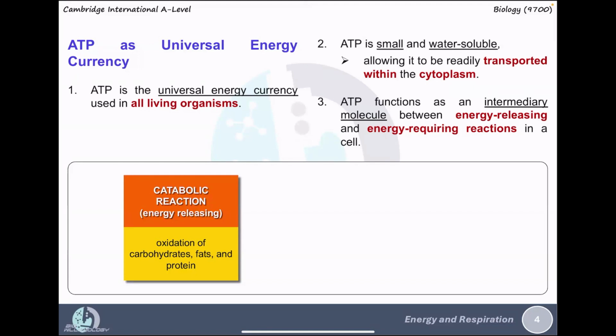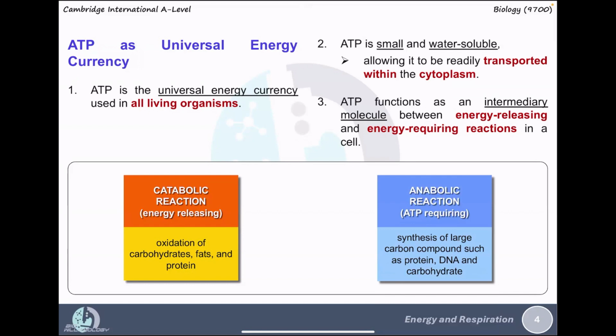And we have another type of reaction which requires energy, which we call ATP requiring processes, for example, synthesis of large carbon compounds like protein, DNA, and carbohydrate. So ATP is a suitable molecule to be the intermediate between these two processes.